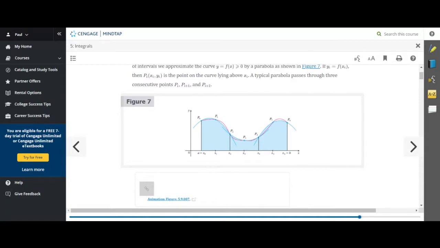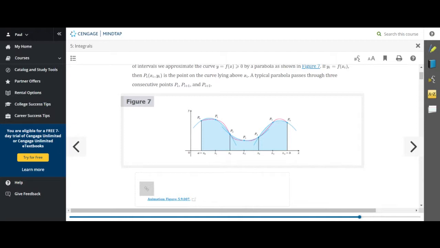To approximate the function, they don't use horizontal lines or line segments. They use parabolas, and because parabolas are curved in nature, they can approximate a curved function better. So Simpson's rule is another rule that can be used.